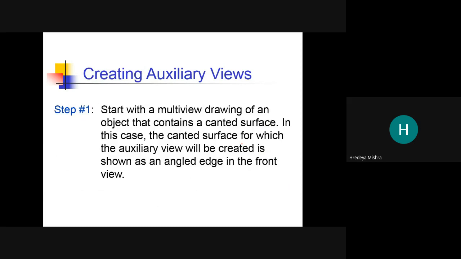Now start with a multi-view drawing of an object that contains an inclined surface. In this case, the inclined surface for which the auxiliary view will be created is shown as an angled edge in the front view.